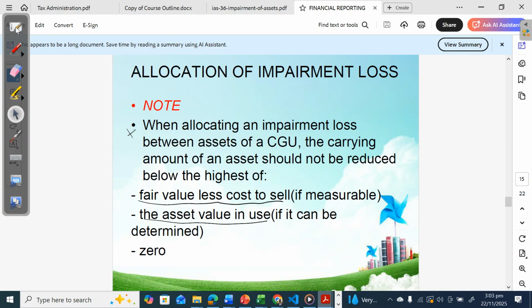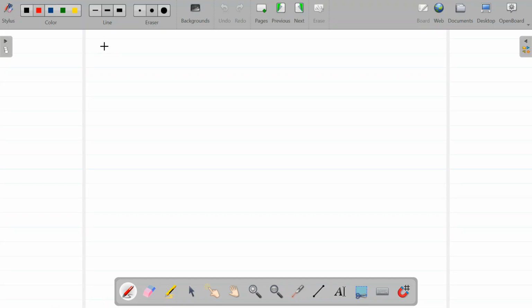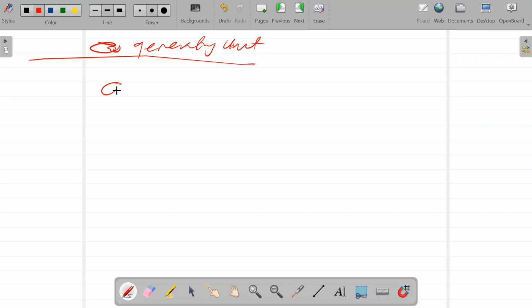Now let's look at an important issue. Let's say we have a cash generating unit. These are the members. We have goodwill. The current amount of the goodwill is 20,000. We have a vehicle. The current amount is 25,000.